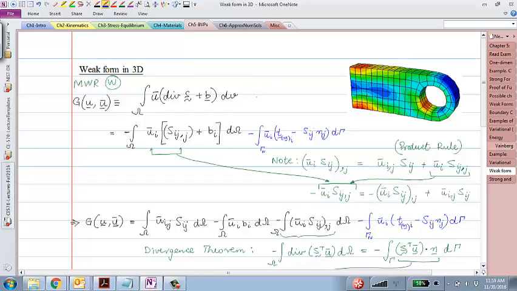The boundary term is plus integral of T sub n minus Sn, right? That's the natural boundary condition. dA over gamma n.